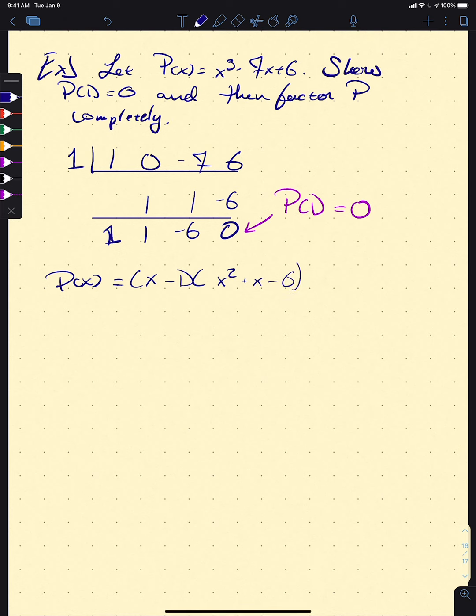So now we've turned factoring a cubic function into simply factoring a quadratic. Well, how does that factor? Our x minus 1 stays. We're looking for two numbers that multiply to -6 and add to 1. I guess x plus 3 and x minus 2. Okay, so we've factored p completely.